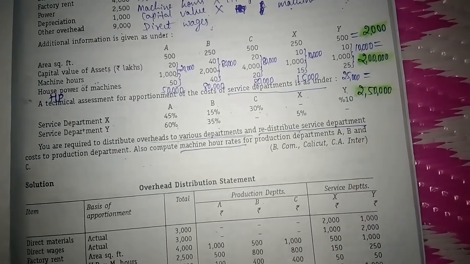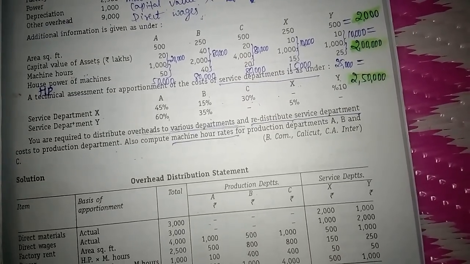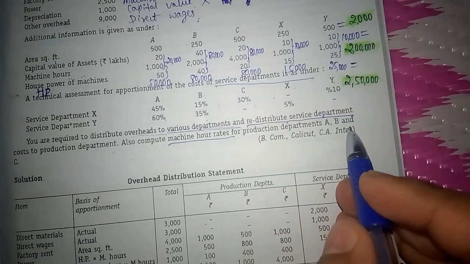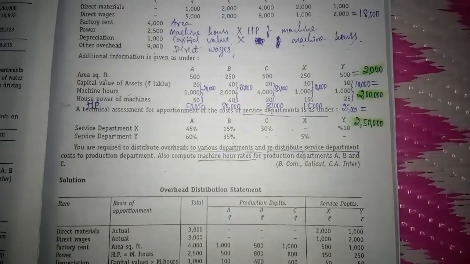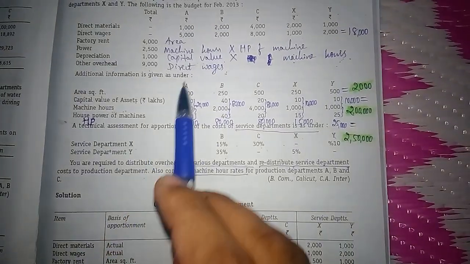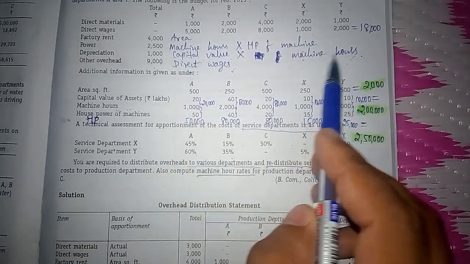After preparation of the secondary distribution summary, we are supposed to find out the machine hour rate for production departments A, B and C. So first let us find out the value of machine hours into HP of machine and capital value into machine hours.